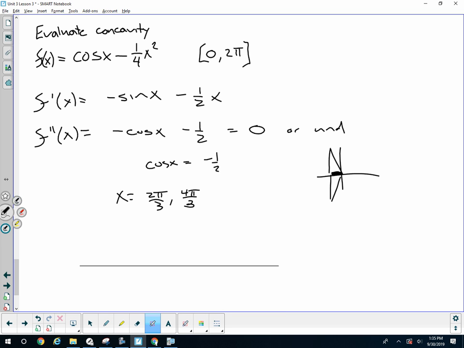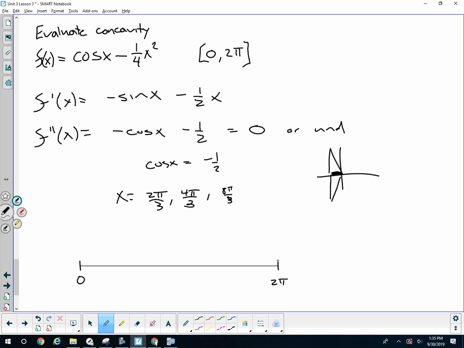I have endpoints, 0 and 2 pi. However, if I continue to go around my circle, the next pi/3 I would get to, if this is 3 pi, which is 6 pi/3, this would be 8 pi/3. If I kept going around the circle, the next one I would get to would be 8 pi/3.